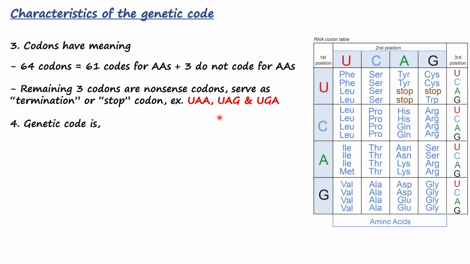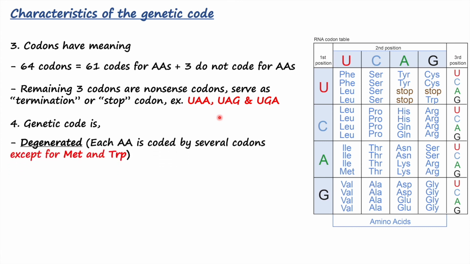Now, fourth, the genetic code is degenerate. Degenerate means each amino acid is coded by several codons. So if you see here, leucine is coded by 4 codons: CUU, then CUC, CUA, and CUG.